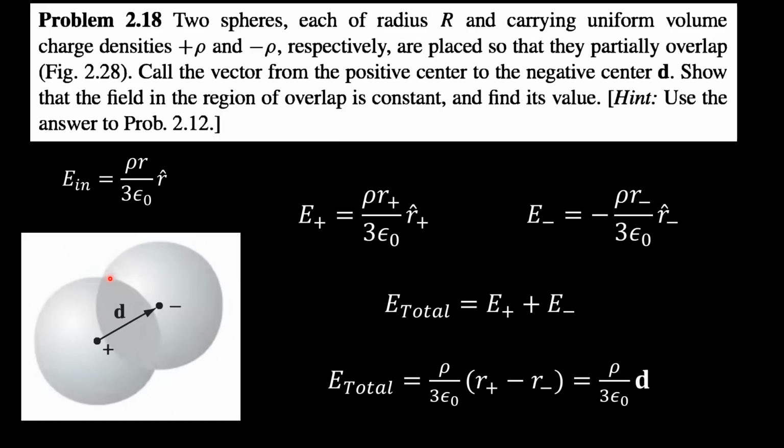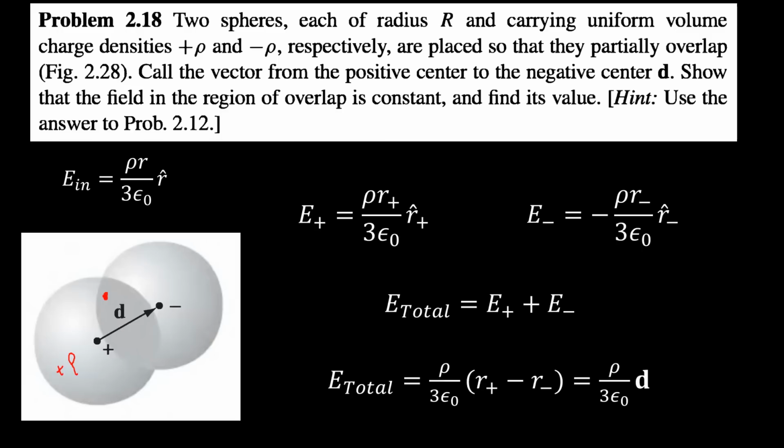So you take a point here in the overlap, then find the electric field. What is the electric field at this point? I have shown it in red color. From problem 2.12, the electric field inside the sphere is equal to rho r divided by 3 epsilon naught r hat. So here it is positive in this sphere.